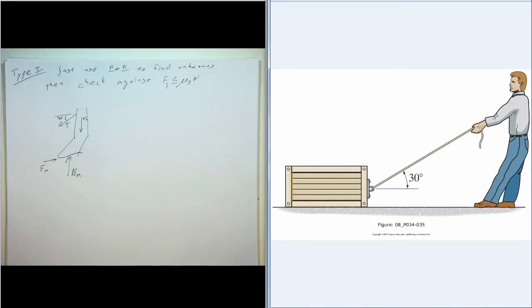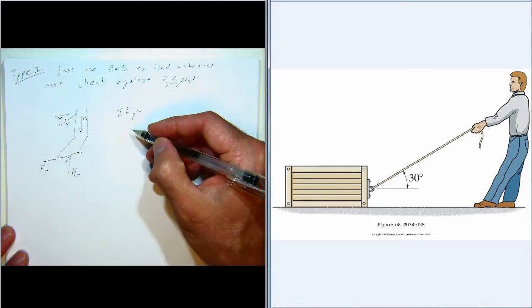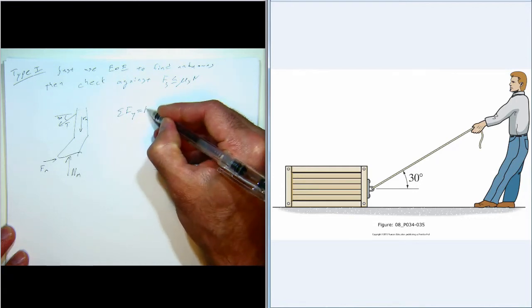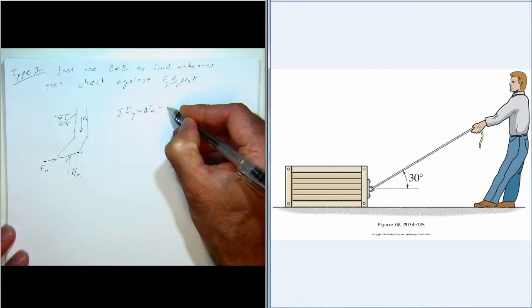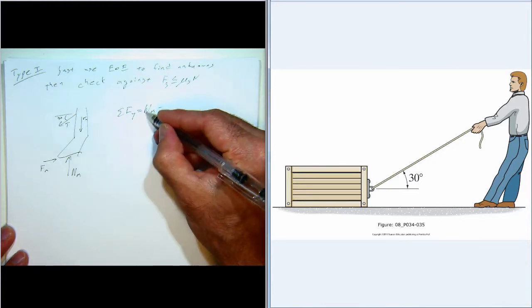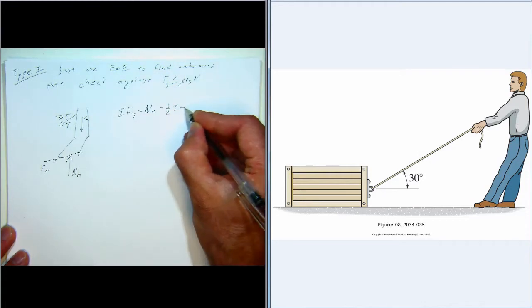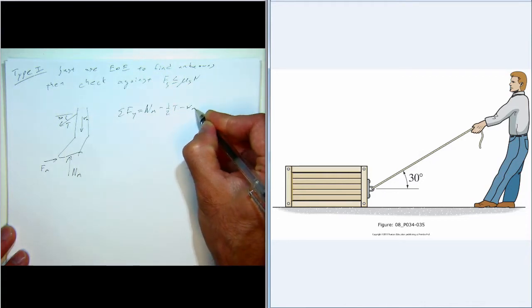So what we'll do is we'll find out the biggest value for the tension that the guy can apply, and then find out how much it would take to move the box. So forces in the y direction, we have the normal force for the man, and we have T sine of 30, which is 1/2 T, and we have the weight of the man, and that all adds up to 0.